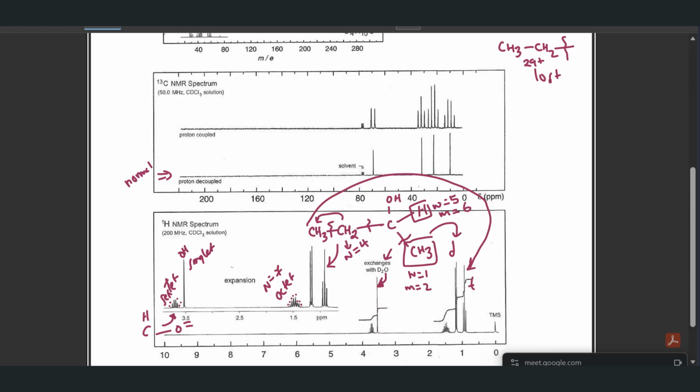Since it's close to the oxygen, it's the one that's going to give you the sextet. Wait, how does that equal 5? Because 2 plus 1 is 4. Am I missing a hydrogen? You have 2 hydrogens here, you have 3 hydrogens here. Doesn't that make 5 neighbors for the hydrogen? So M will be 6 for that hydrogen.